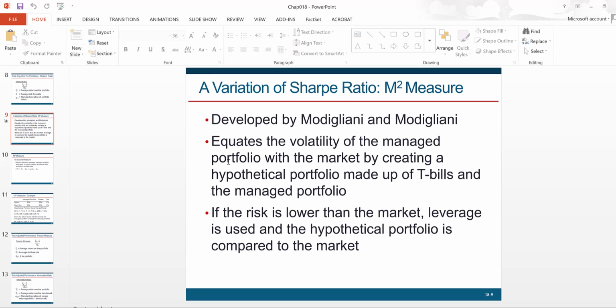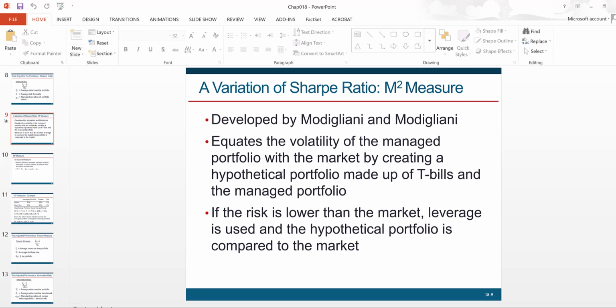The risk of the portfolio, in this case the sigma, is matched to that of the benchmark by using treasury bills, right? So by mixing in treasury bills, either adding treasury bills or creating leverage using treasury bills, we can decrease the risk of the portfolio and match it with that of the market portfolio or the benchmark portfolio.